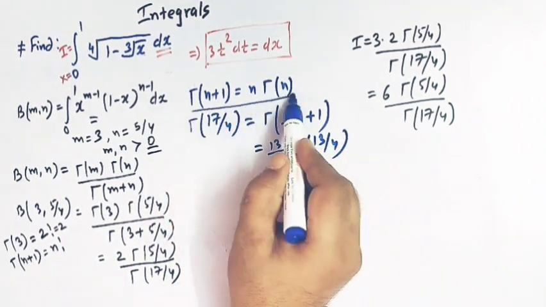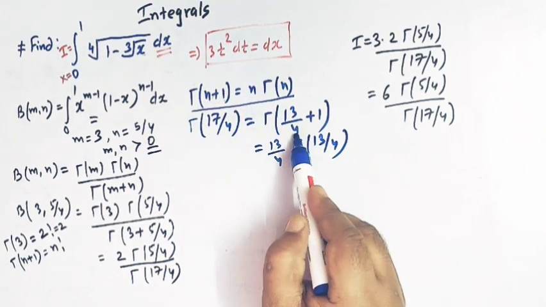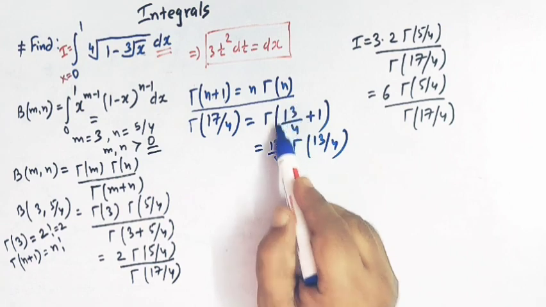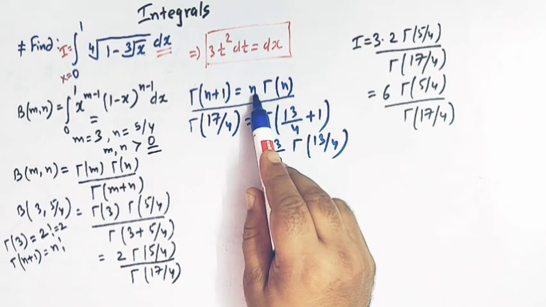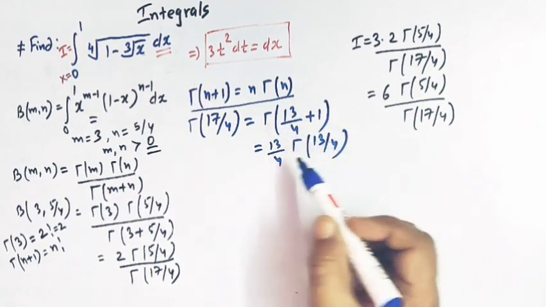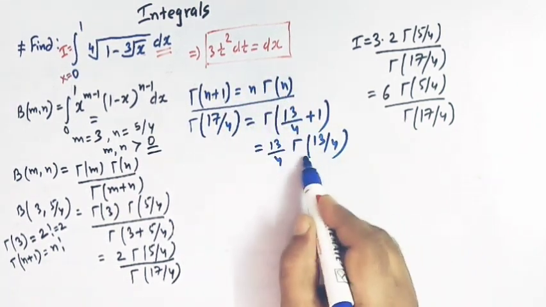Because here n is 13 over 4, and we have n times gamma of n. So we can apply this result successively to this term.